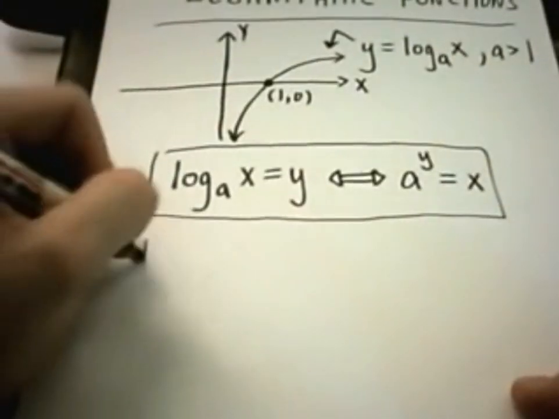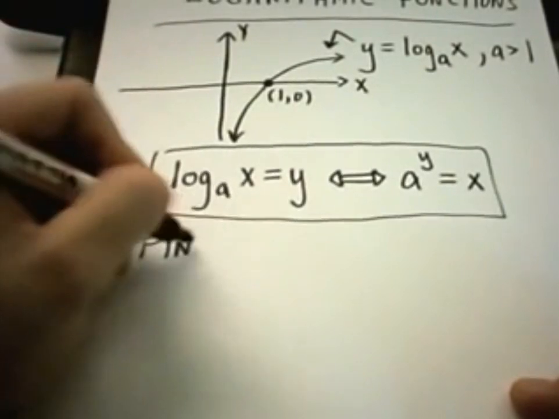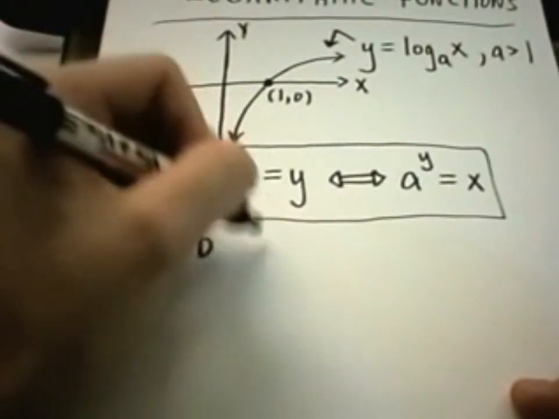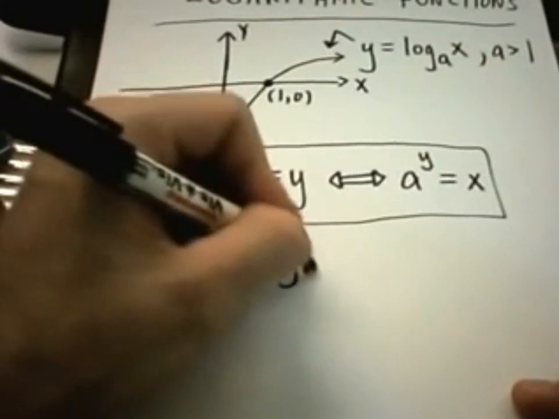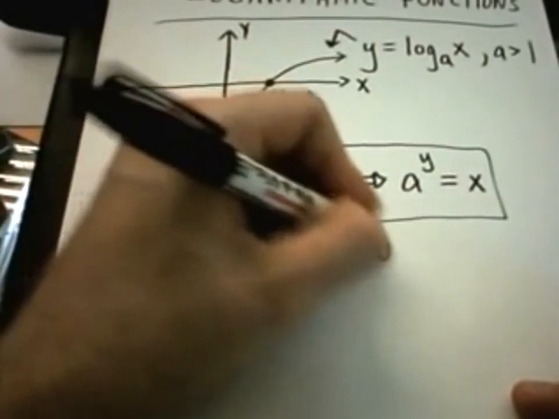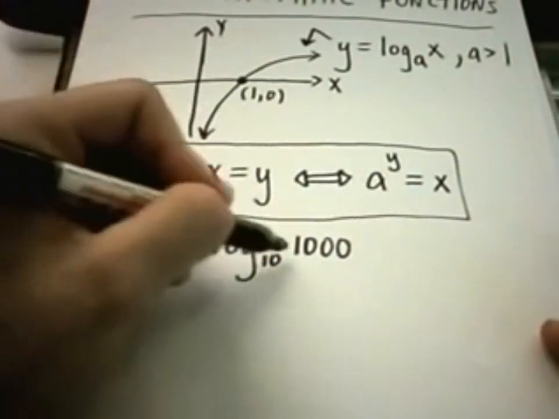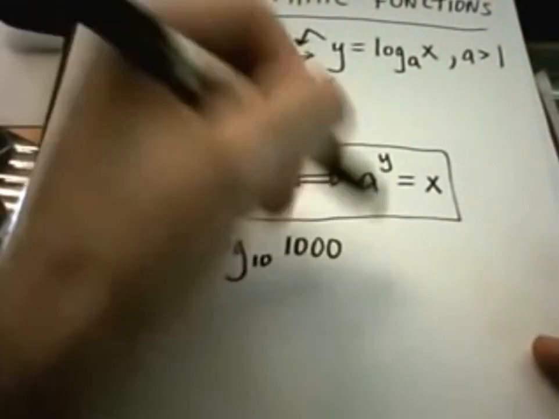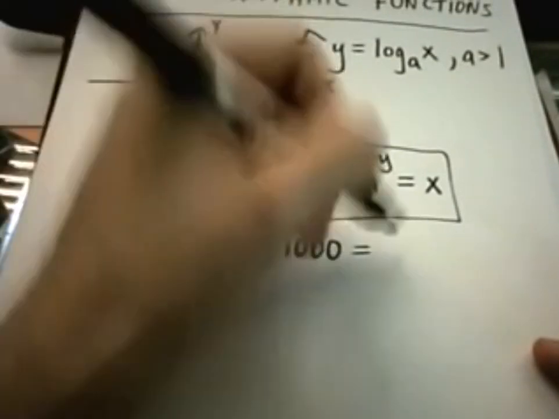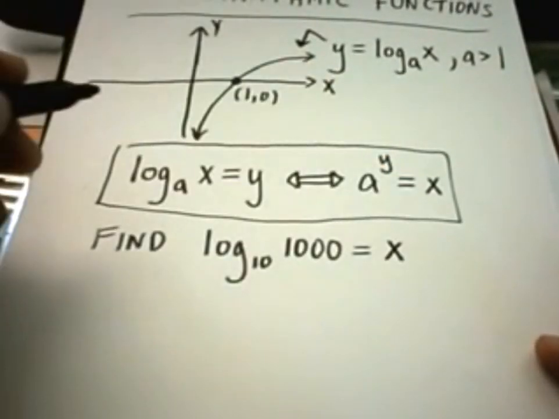Suppose somebody said find log base 10 of 1000. Well, log base 10 of 1000 is just some number. I'll call it x. I don't know what it is.